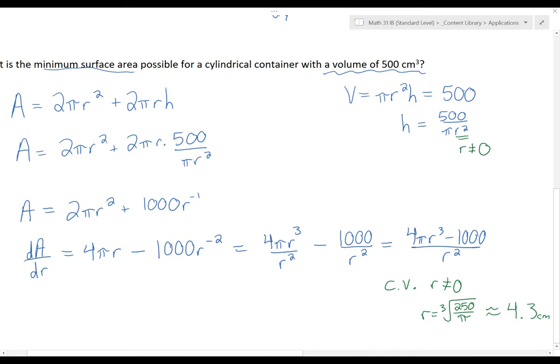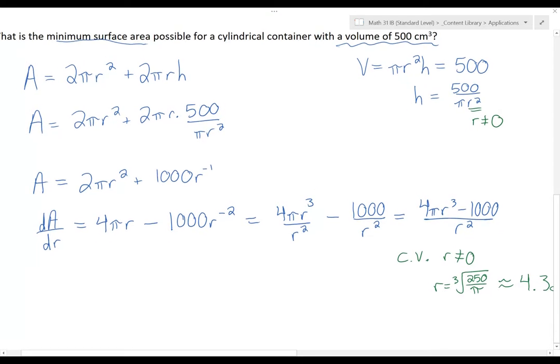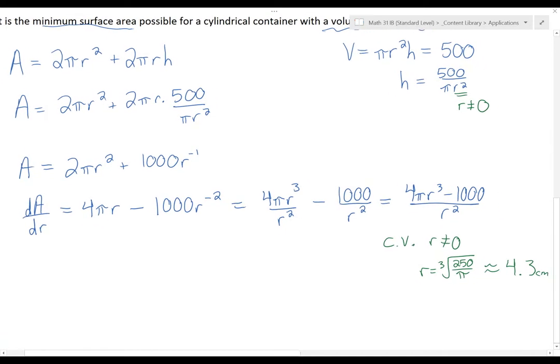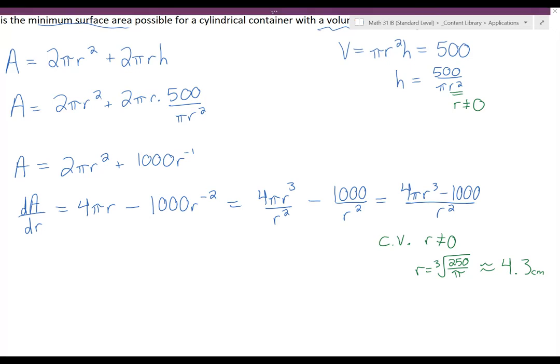Yeah. So that's our critical value. That's where I would be expecting to find a minimum surface area, but it could actually be a maximum surface area. So again, I need to verify that this is a minimum.